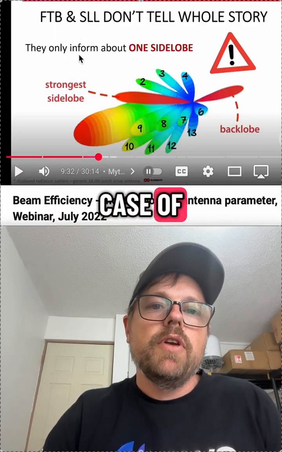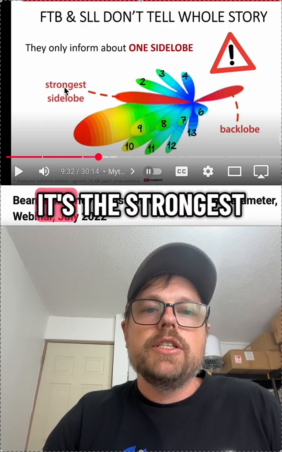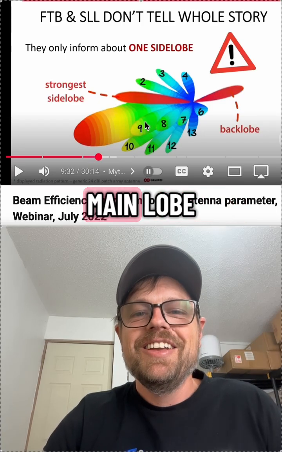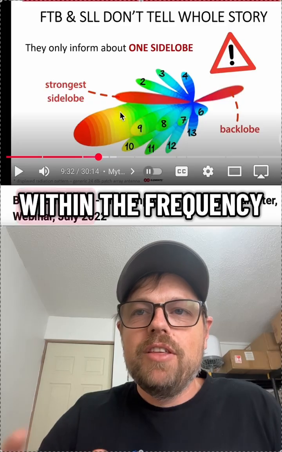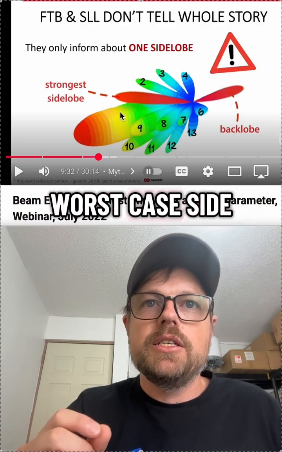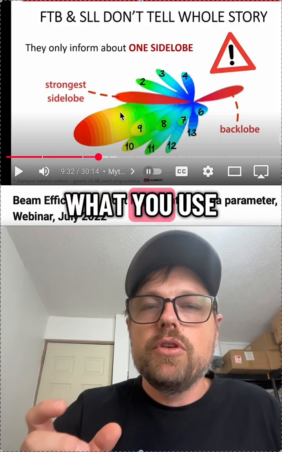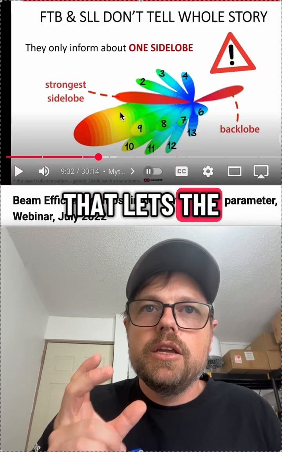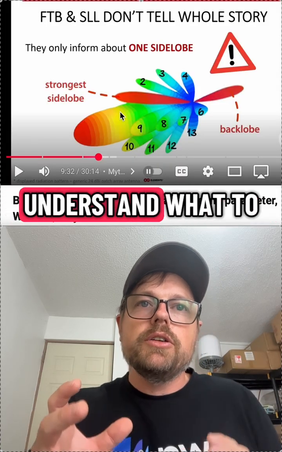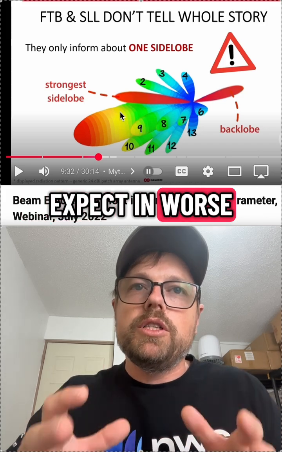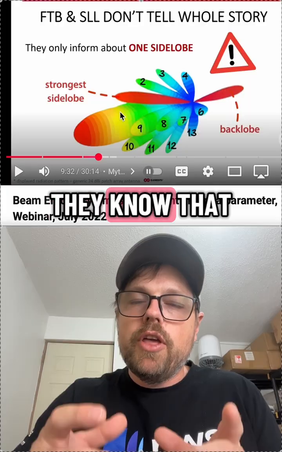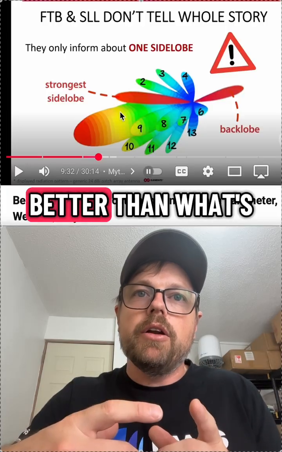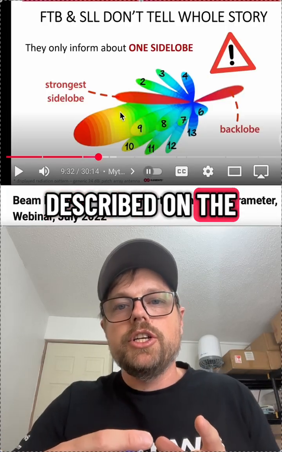So in the case of side lobe level, it's the strongest side lobe relative to the weakest main lobe within the frequency range. So the worst case side lobe level is what you use for your data sheet. That lets the users of your antennas understand what to expect in worst case situations. They know that when they buy your antenna as per the data sheet, it's going to be better than what's described on the data sheet.